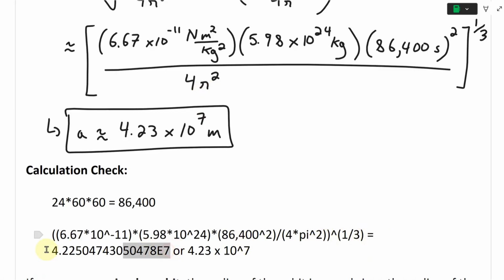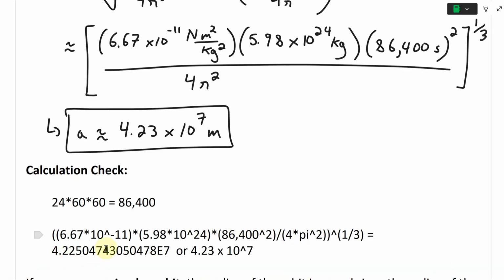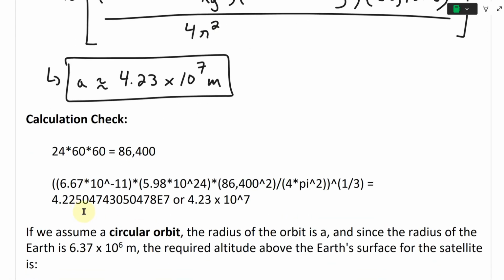And again, you could just use this giant formula and you get the answer. All nice and tidy there. Equals 4.2250, etc. E7. In other words, 4.23 rounded, times 10 to the 7. So again, fascinating stuff.